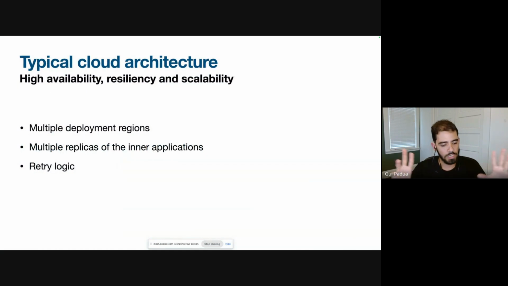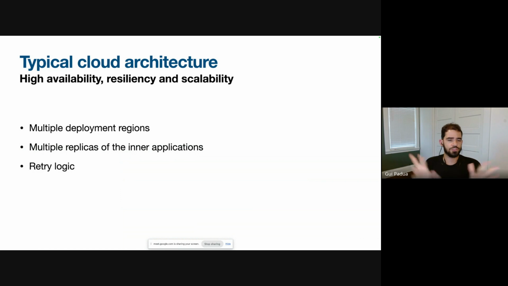Here I want to set the ground for the main concepts we approach when designing for performance, looking also at high availability, resiliency, and scalability. So basically, in the cloud, we want multiple regions that can handle the traffic, so the devices are distributed, using this redundancy. And multiple replicas of the applications actually doing the business logic.